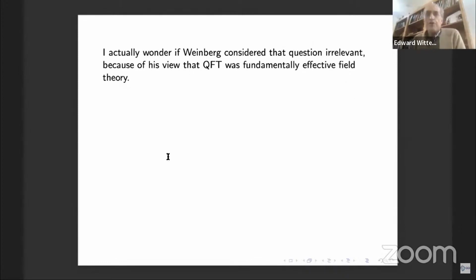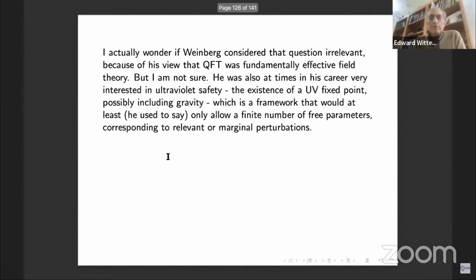I actually wonder if he considered the question irrelevant because of his view that quantum field theory was fundamentally effective field theory. But he didn't explicitly say that he considered it irrelevant either, as far as I can see. So I'm not sure. He also, at times in his career, was very interested in ultraviolet safety, the existence of a UV fixed point, possibly including gravity.